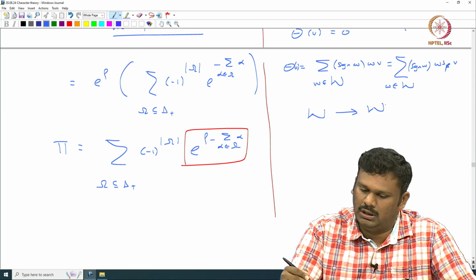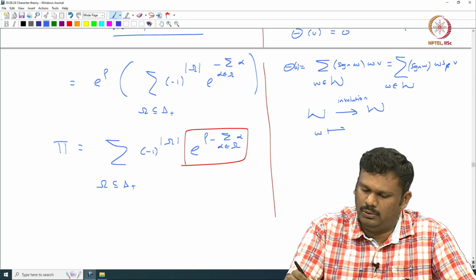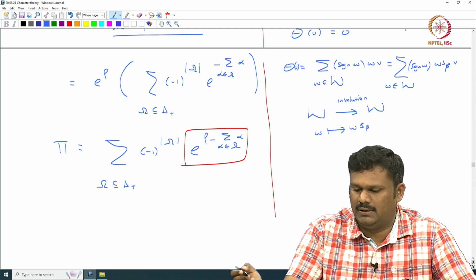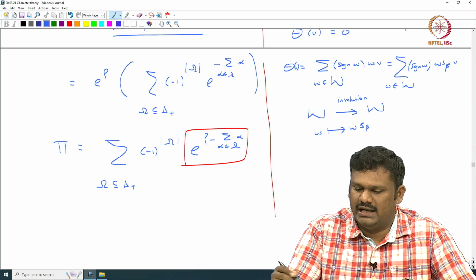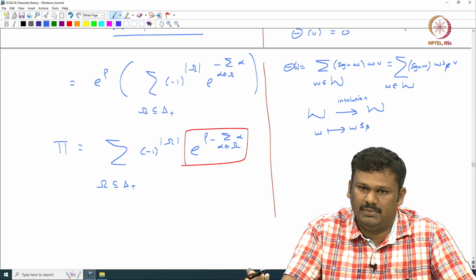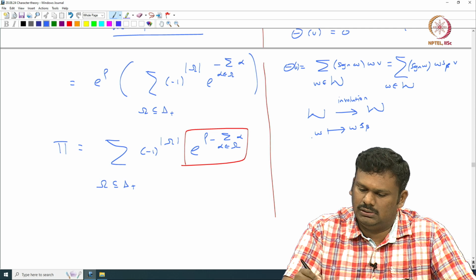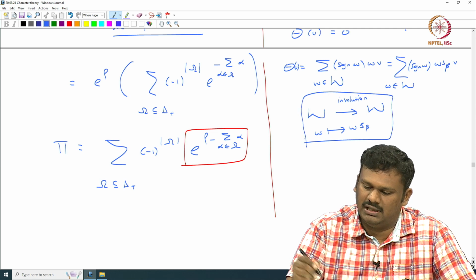So, from W to W you define this involution, which is given by W goes to W S beta. So, it is a natural involution, because if you compose this again, you are multiplying again by S beta, but S beta is a reflection. So, S beta square is going to be identity. So, that is the map that we are considering.